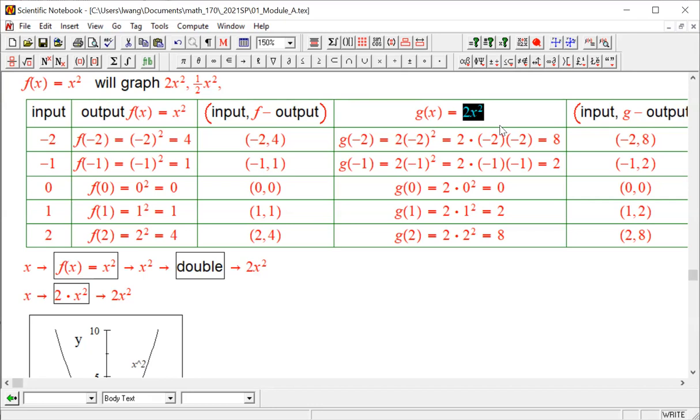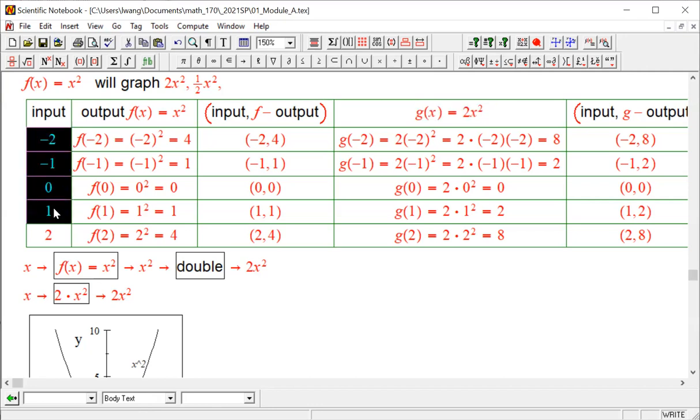What this new rule does is that we have an input and x squared times x, of course we get x squared, and we're gonna double x squared, so we get 2 times x squared. So this rule simply is just going to be input and 2 times x squared. So we're going to graph this new function 2x squared.